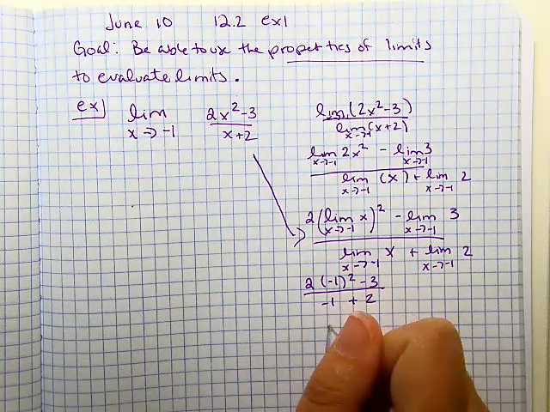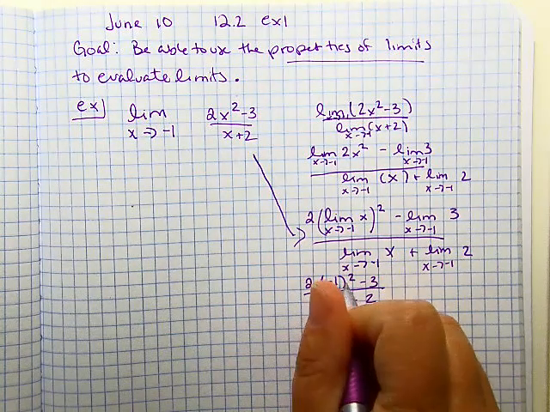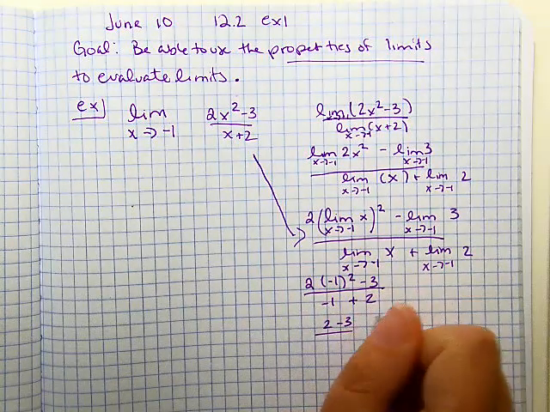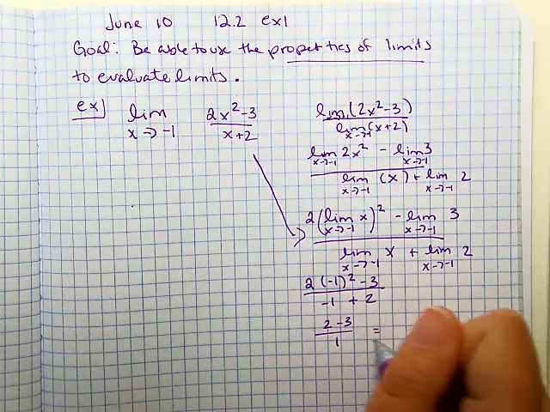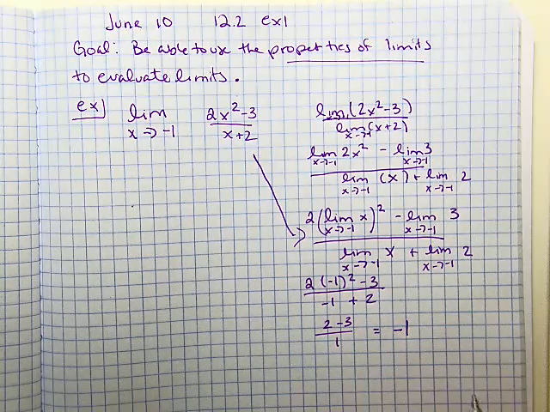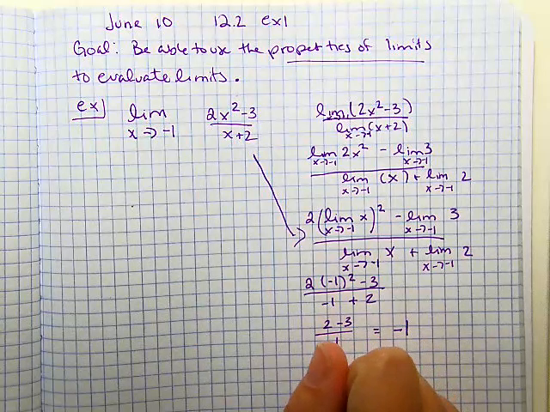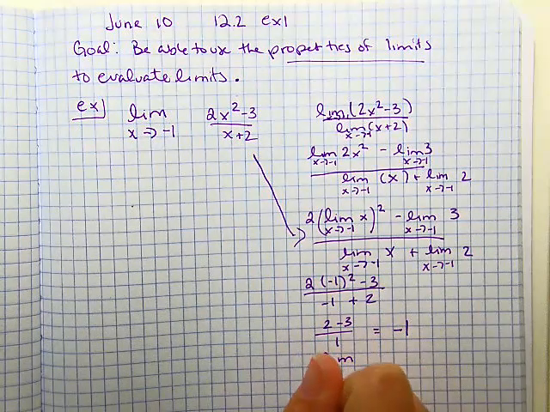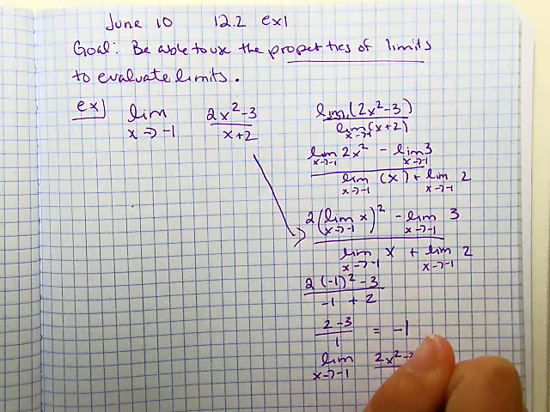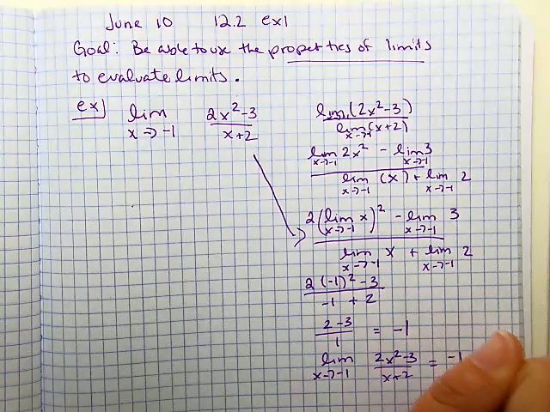So we simplify that to be 2 times -1 squared. That's 2 minus 3 over 1, which is -1. So using the properties of limits, we find the limit as x approaches -1 of 2x squared minus 3 over x plus 2 equals -1.